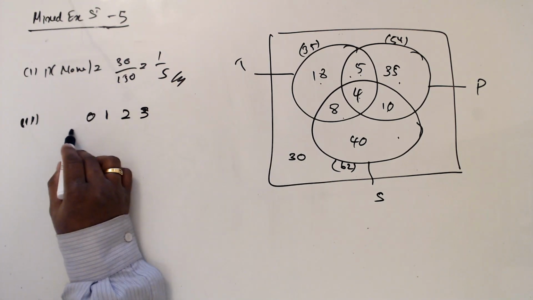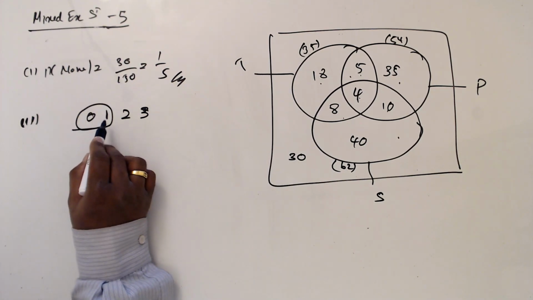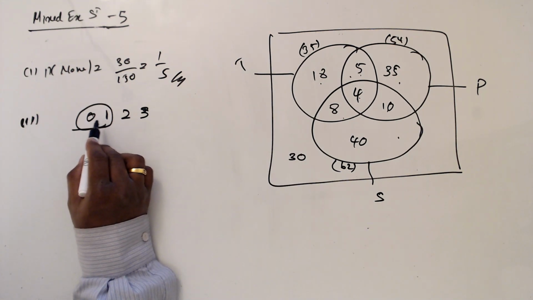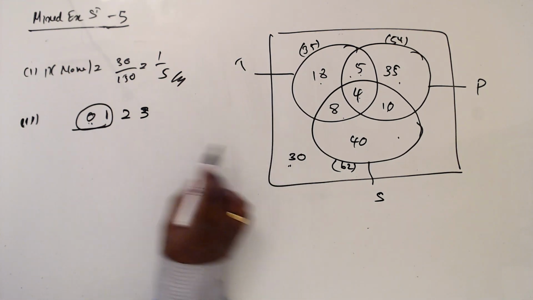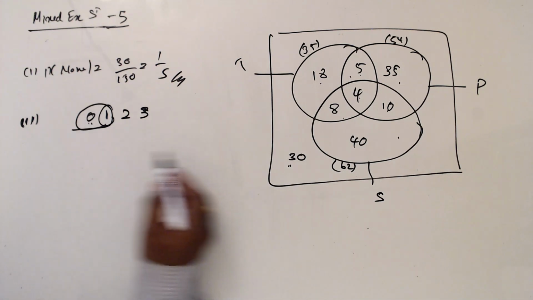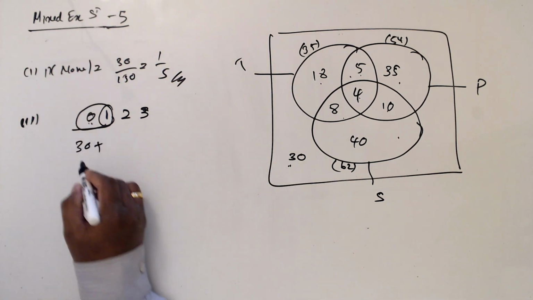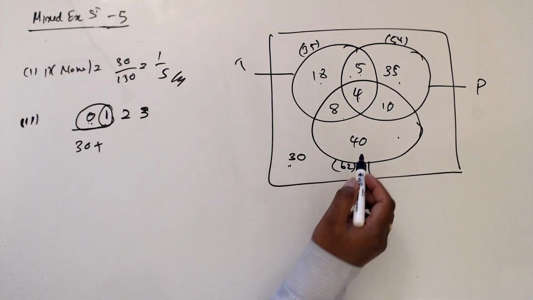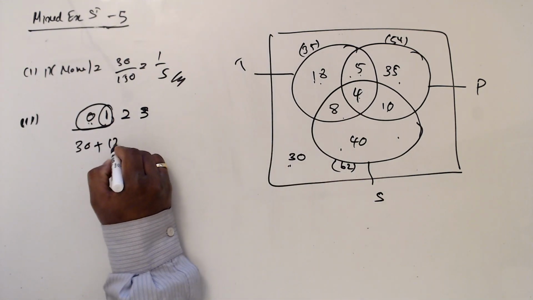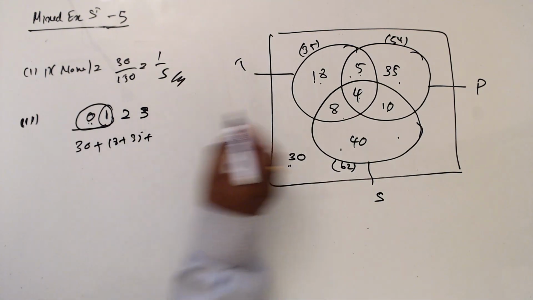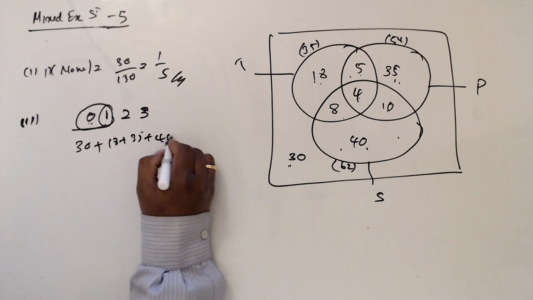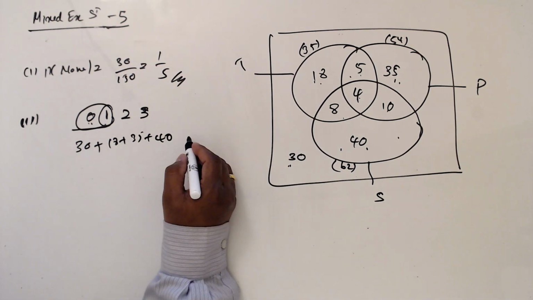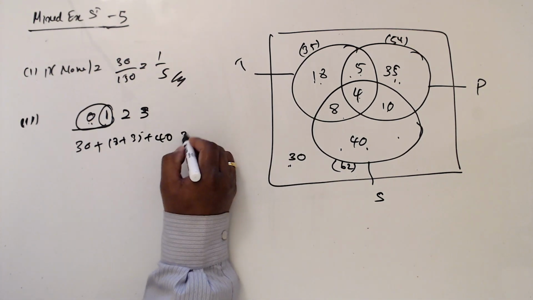So no more than 1 means it doesn't matter, nobody watches, and 1 only. So nobody is there, 30, and 1 only. So 18 plus 35 plus 40, so that total is going to be 41.